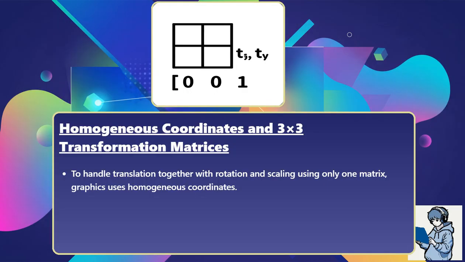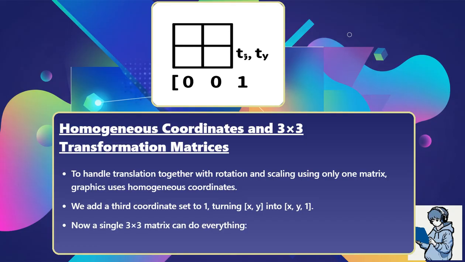To handle translation together with rotation and scaling using only one matrix, graphics uses homogeneous coordinates. We add a third coordinate set to one, turning (x, y) into (x, y, 1). Now a single 3x3 matrix can do everything. (x', y', 1) equals the matrix with rows (a, b, t_x), (c, d, t_y), (0, 0, 1), multiplied by (x, y, 1).